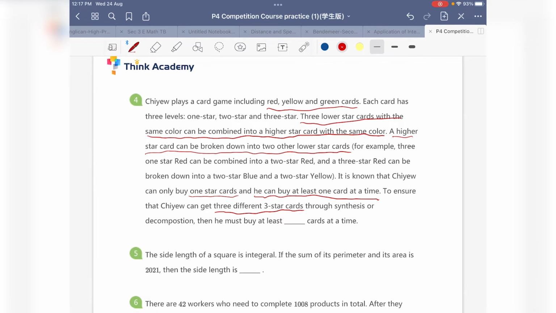Now this one is a slightly more challenging question. So let teacher Chi Yew try to argue and persuade you that the solution is right.